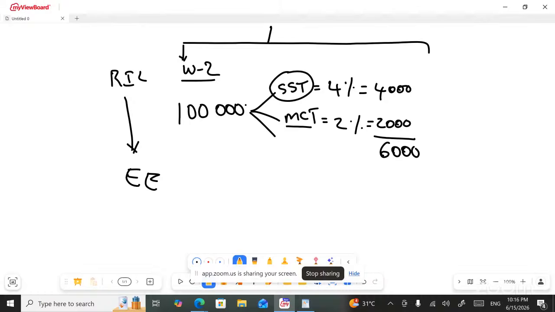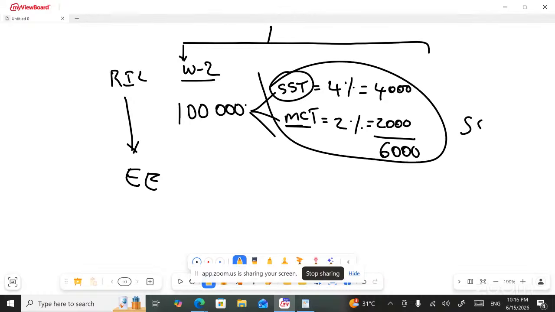One more tax is Medicare tax, MCT. Medicare tax is also paid by the employer on behalf of the employee to another department. The social security department is there, and it is paid to that department.